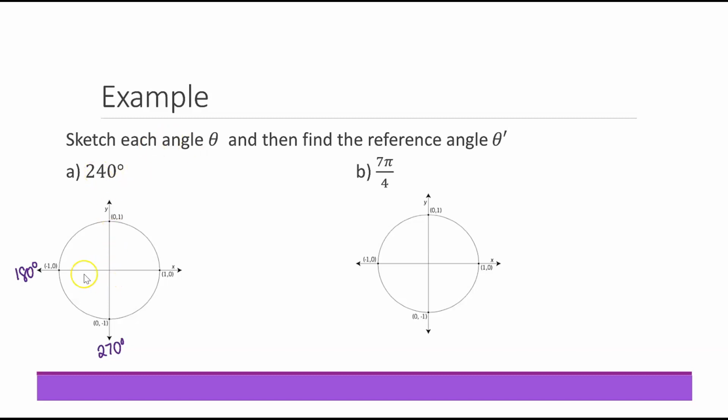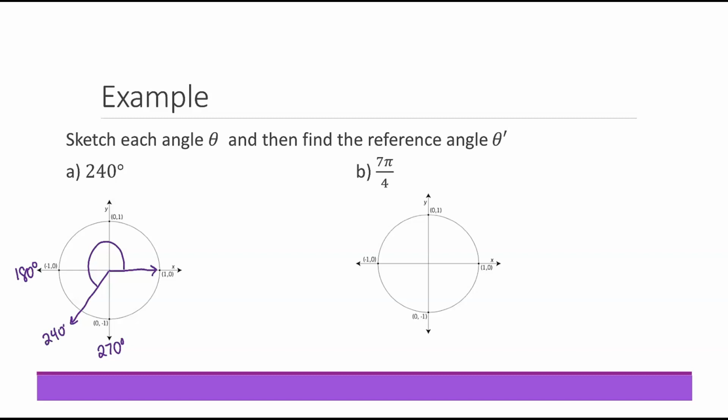So 240 degrees is going to be here in quadrant 3. It starts on the positive x-axis, goes all the way around, and basically how far past 180 degrees does it go? Well, it's going to go 60 degrees past 180. And in thinking about that, we've figured out what our reference angle is.